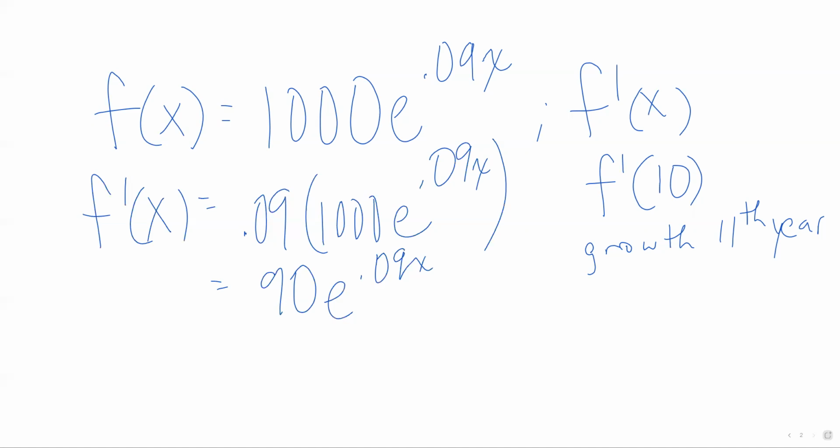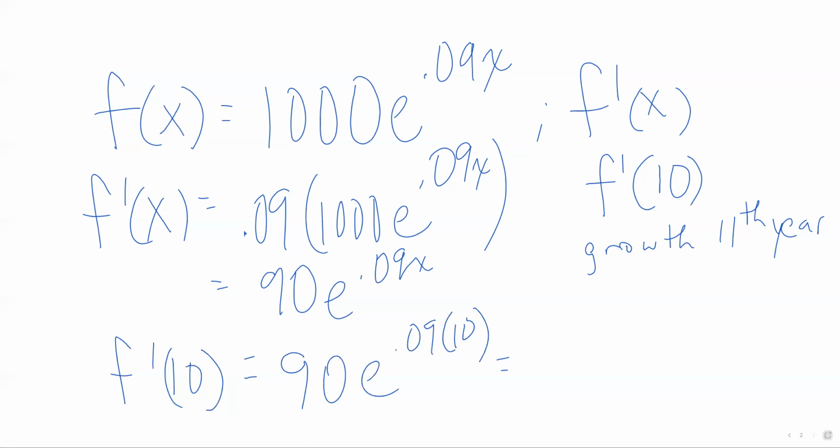Now, if I wanted to find f prime of 10, I need a calculator. And while I'm busy letting the camera run, I'm looking for my calculator. So if I wanted f prime of 10, it's going to be 90 times e to the 0.09 times 10.